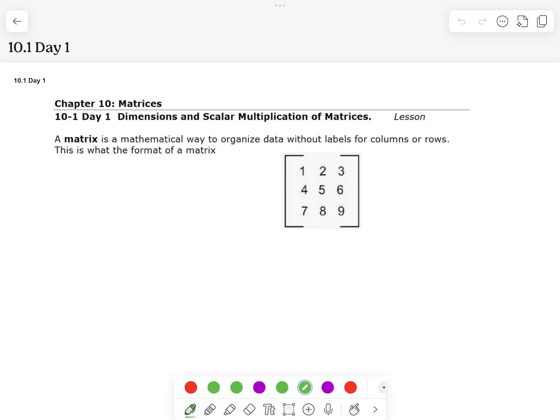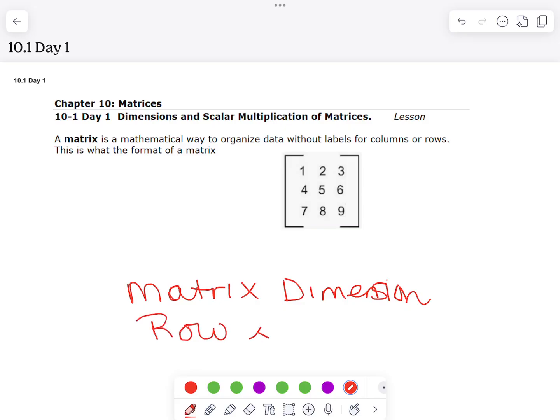So we count the number of columns and rows. So we have a matrix dimension listed by the number of rows by the number of columns.